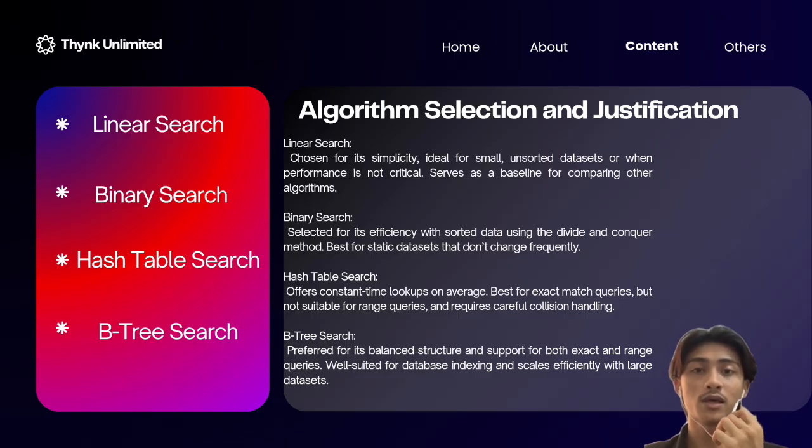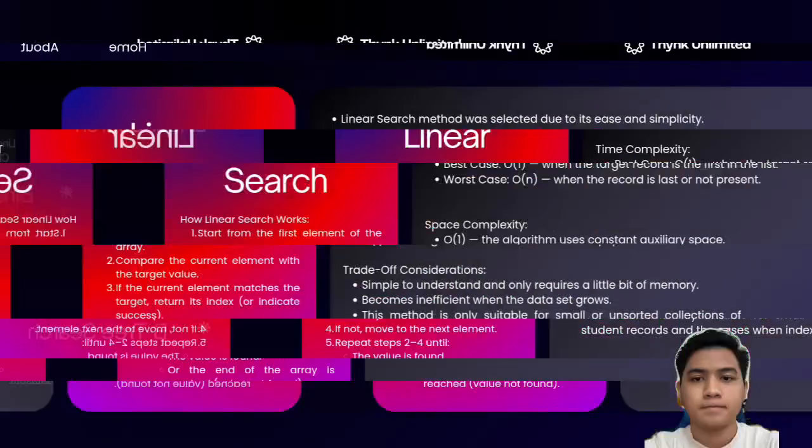The third one is hash table search, which is ideal for fast exact match lookups using a unique key. And the last one is B-tree search, a balanced tree structure used in databases that supports both exact and range-based queries. Each algorithm was analyzed in detail to understand how it performs in different use cases relevant to student records.